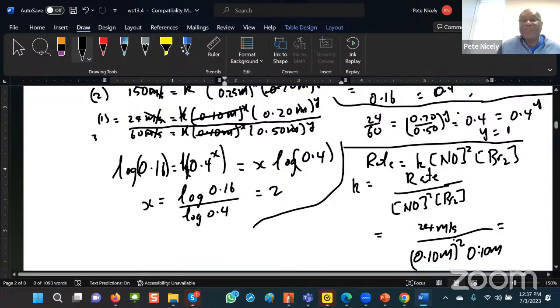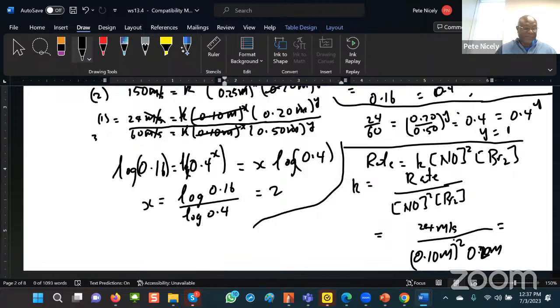It should be 0.2 here. So let me do this again. 24 divided by 0.1 squared divided by 0.2. So the answer I got would be 1.2 times 10 to the 4. And the units, well, this will cancel with that. So the units would be M to the minus 2 seconds to the minus 1. So that would be the answer right there.